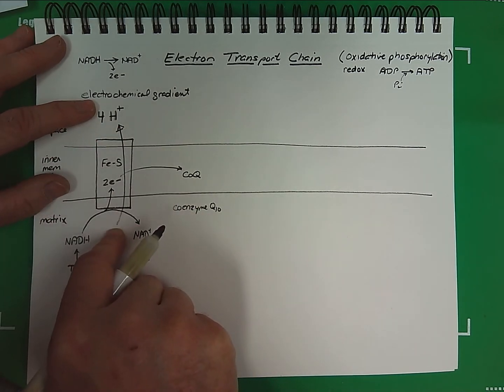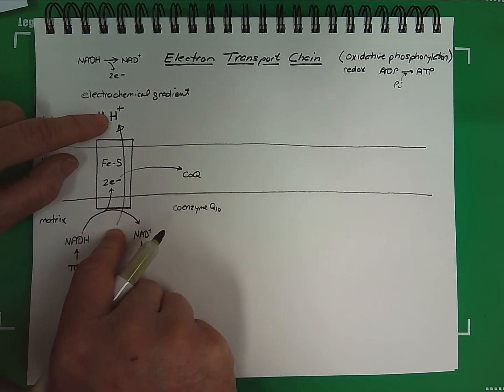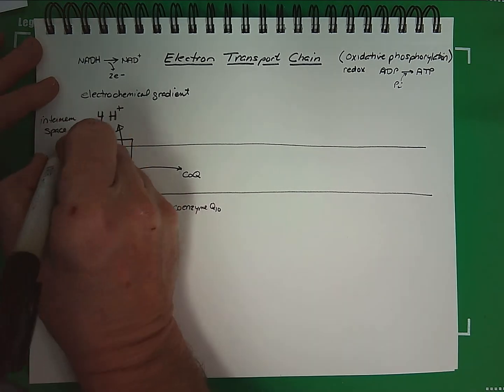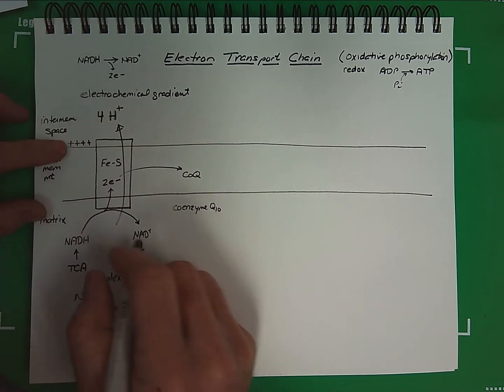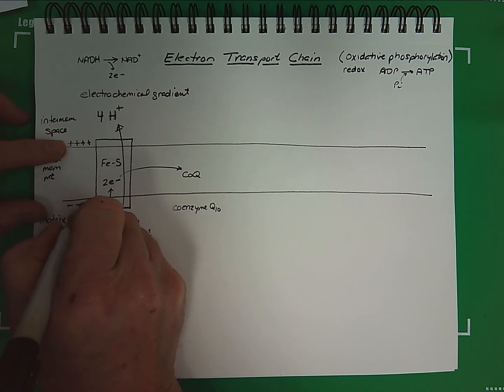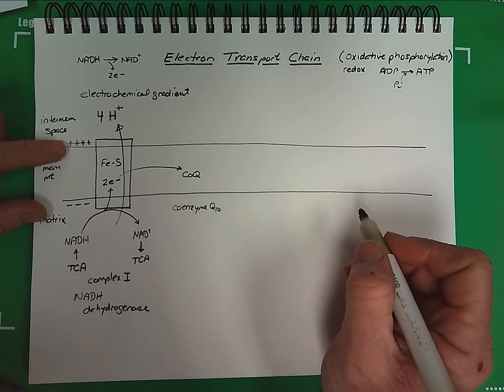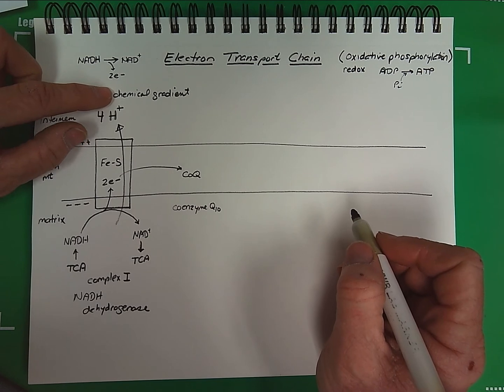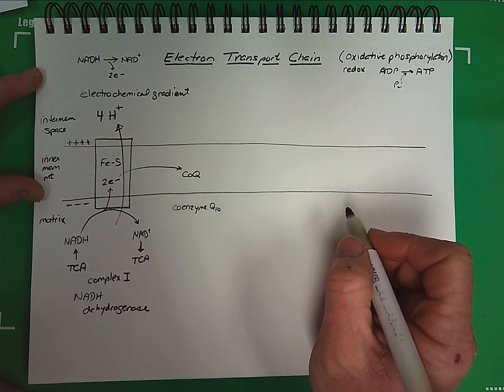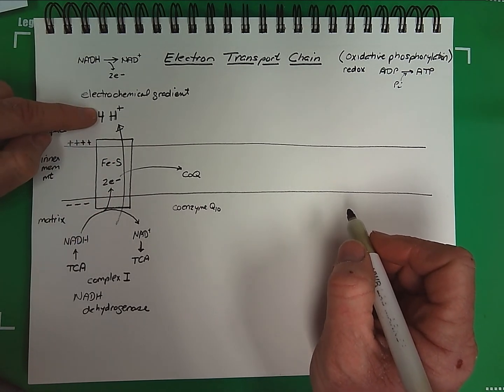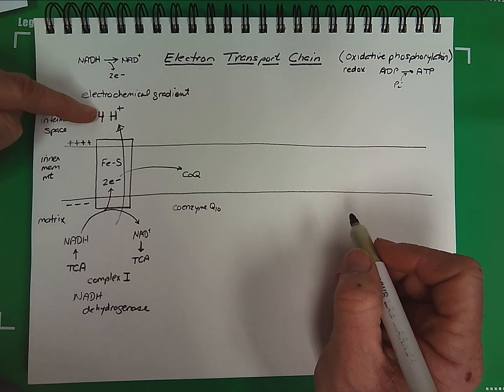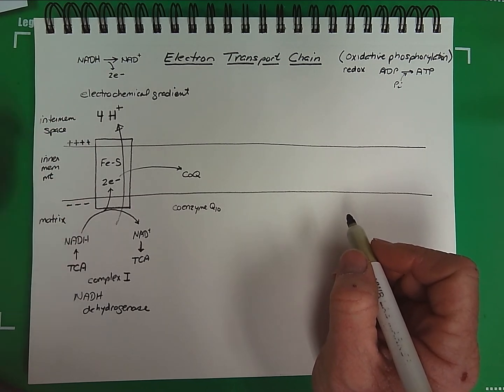It's an electrical gradient because we have a separation of charge. This is a proton, so protons have a positive charge. So we will essentially be creating a positive charge on the outside of the membrane and a little bit more negative charge on the inside. It is a chemical gradient because protons are chemical, and so we have a higher concentration of protons in the intermembrane space than we do in the matrix.